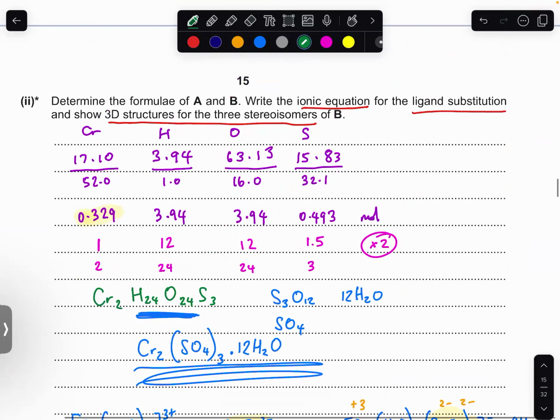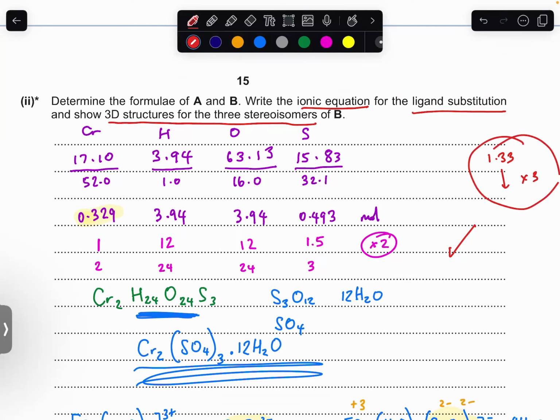You've got chromium, you've got the example of the working. We've got that there. Remember to times by 2, because you got the 1.5, we want to make that into a whole number. So 1.33, to make that a whole number, you need to times it by 3. I've seen examples like that as well.